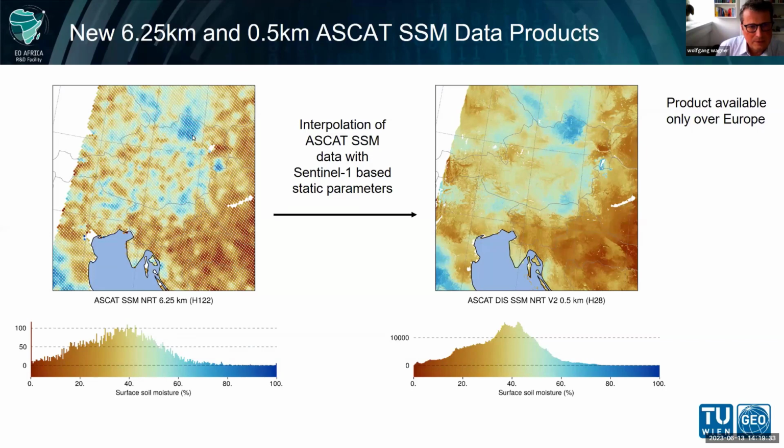So you see here on the left side is our new spatial resolution ASCAT product. And what we do is we bring it to a finer spatial scale at a 500-meter grid using static parameters derived from Sentinel-1. Essentially, this is an optimal interpolation of the left product, shown here on the right side.